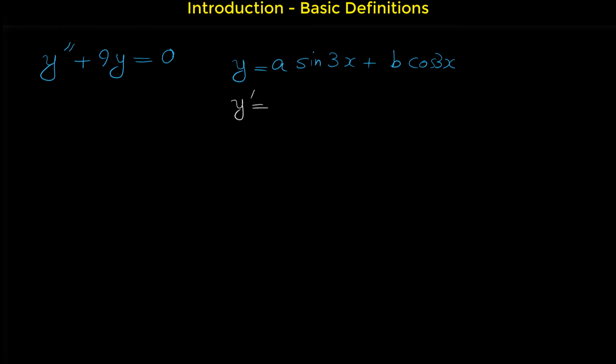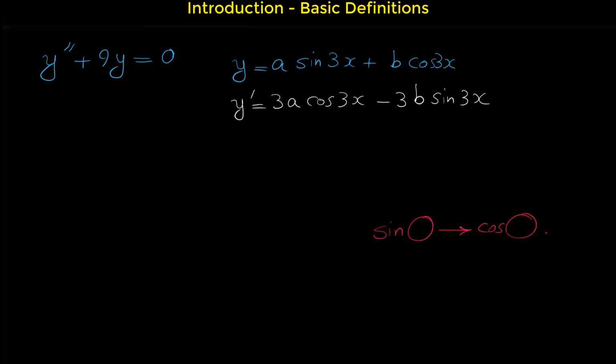Y prime, the derivative of this function, is 3a cosine 3x minus 3b sine of 3x. Let me remind you that the derivative of sine of some expression equals cosine of that expression times the derivative of inside because of the chain rule.